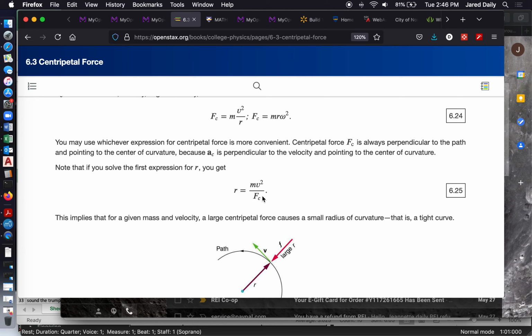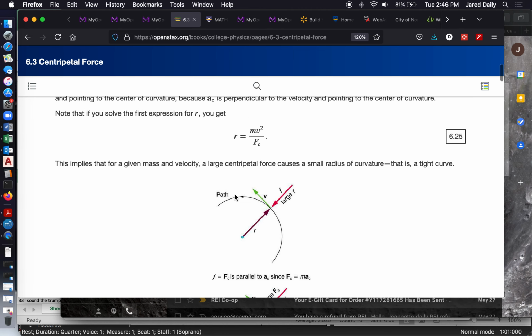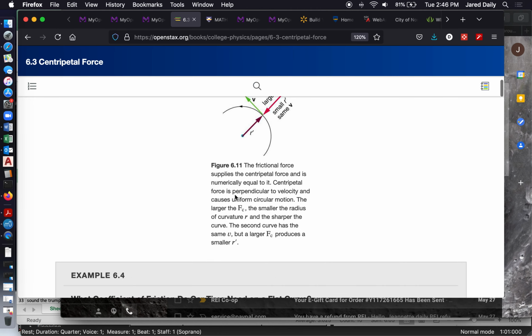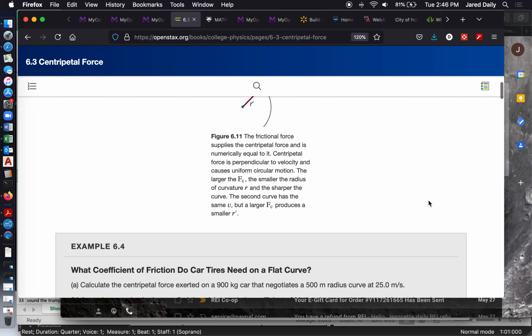If the velocity squared and the centripetal force stay constant and the mass changes, then as the mass goes up, the radius will go up, and as the mass goes down, the radius will go down. The same for the velocity. If the velocity is the thing changing and everything else is staying the same, then r changes directly with it as well, and that's what they're talking about here.